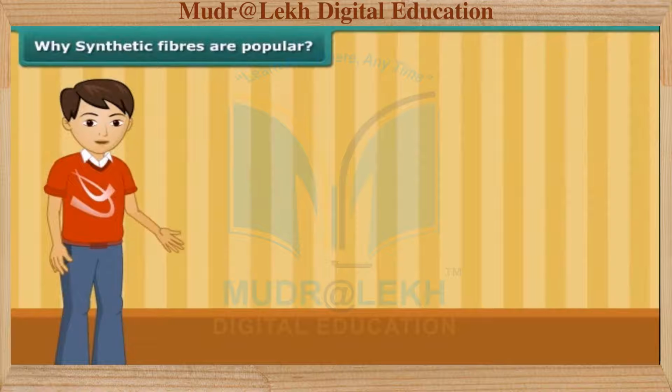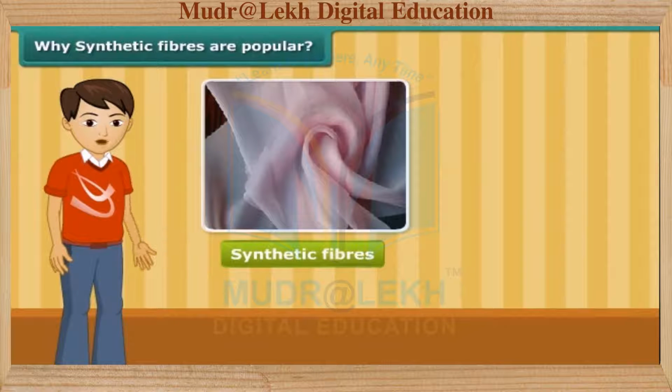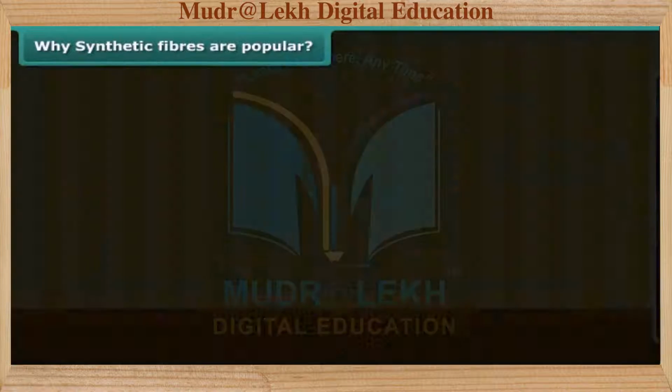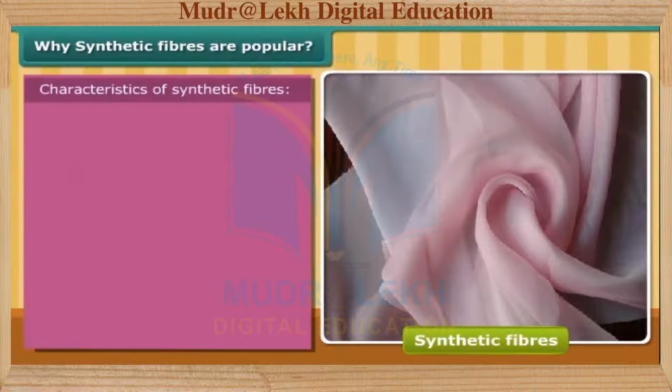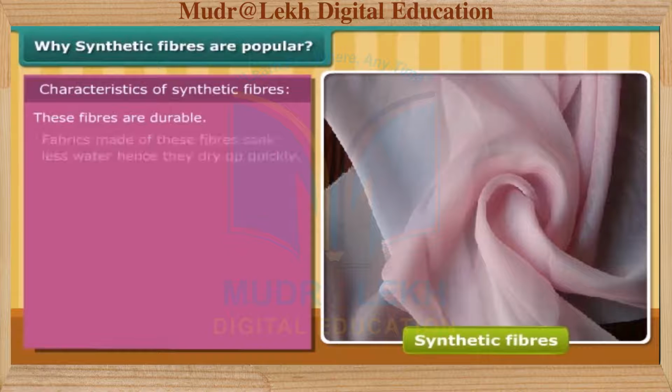By now you know what makes synthetic fibers more popular than natural fibers. Let us recall the characteristics of synthetic fibers which make them so popular among us. Because of their high strength, synthetic fibers can easily bear heavy loads without breaking. These are durable. Fabrics made of these fibers soak less water, hence they dry up quickly.